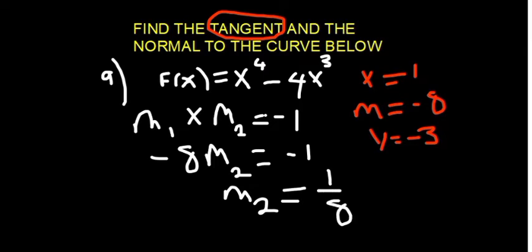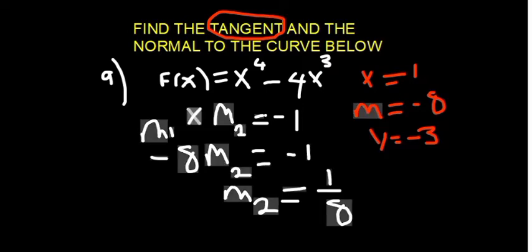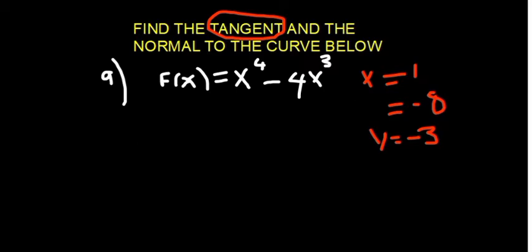So we found the gradient of the normal. Then how do we find the equation? We're going to go back to the same steps now. So take note of the gradient, very important as well. So our gradient for the normal becomes positive 1 over 8. Okay, so let me just try to indicate that.